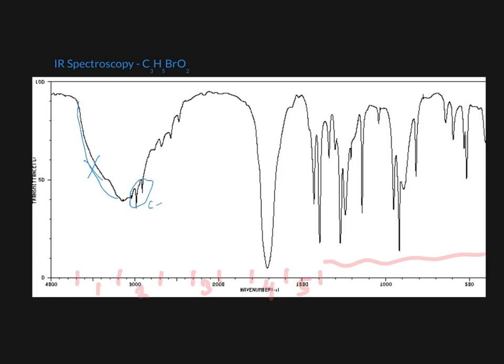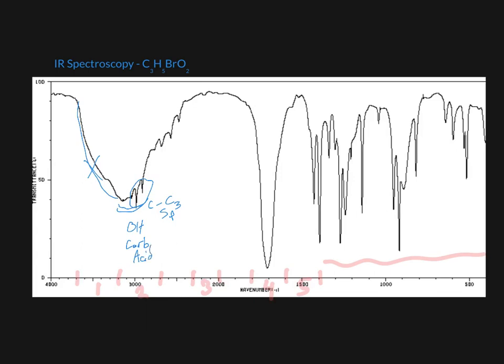So we may have carbon-to-carbon sp3 bonds. Also, this big valley associated with these two peaks is very apparent of alcohols and carboxylic acids. So we might have an OH in a carboxylic acid as well.